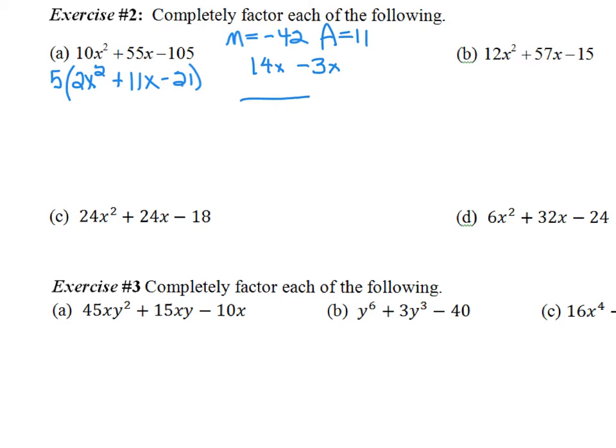Now I'm going to just make my box over here. Inside the box, I'm focusing on this trinomial, not my original one. So I've got a 2x squared, I've got a negative 21, and then I'm going to use the 14x and the negative 3x as the other two entries in the box.